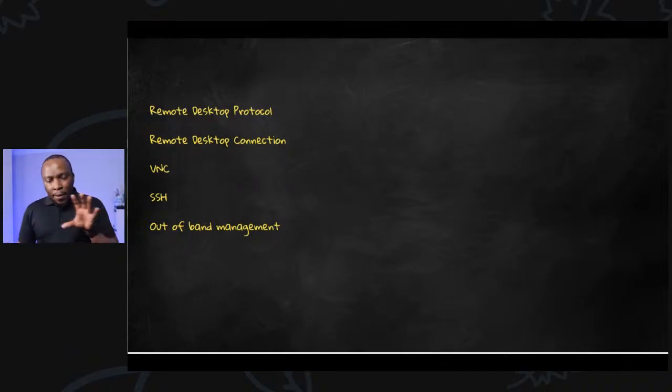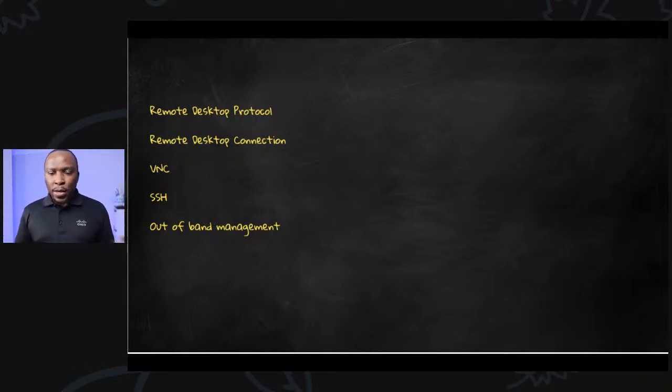On the same theme and topic as VPNs, we are looking at remote access. Beyond VPNs, what other remote access tools do we have? We have Remote Desktop Protocol. For those that have used Windows, this is a very familiar concept.